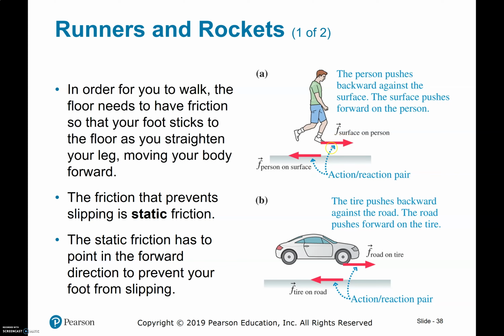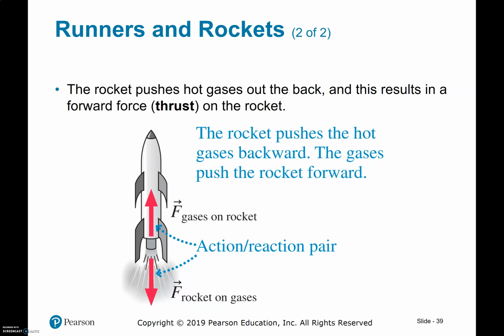You apply a force on the surface, and the surface applies a force back on you. That is the force that allows you to run or to walk. It's the force that allows a car to move, or the force that allows a rocket to go up, right? The rocket expels its gases, and the gases apply a force back on the rocket.